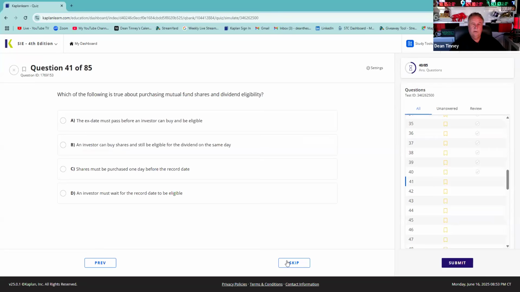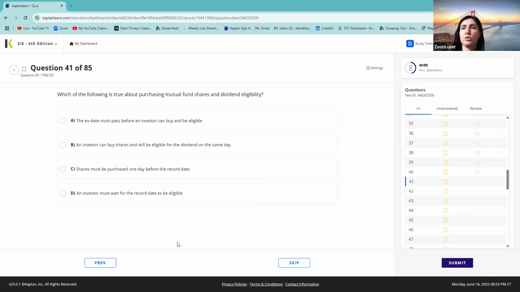Which of the following is true about purchasing mutual funds and dividend eligibility? Shares must be purchased 1 day before the record.